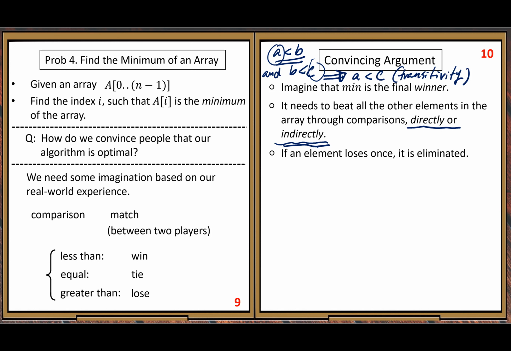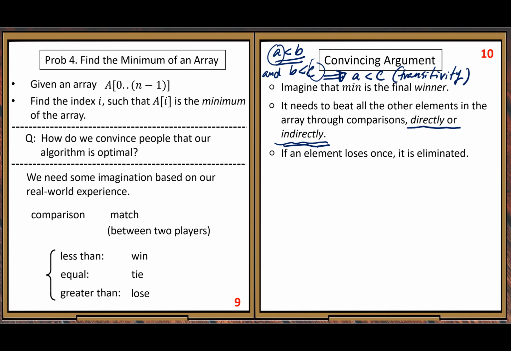If it is not the minimum, then we can eliminate it from the minimum consideration. So we have this statement: if an element loses once, it is eliminated.